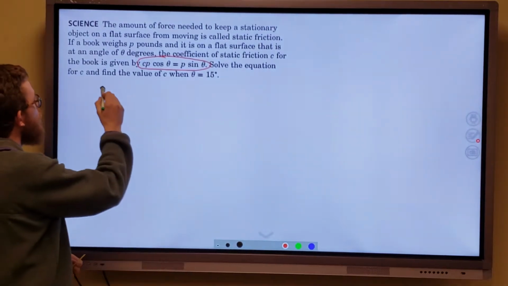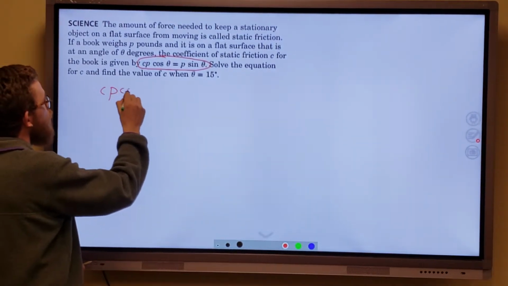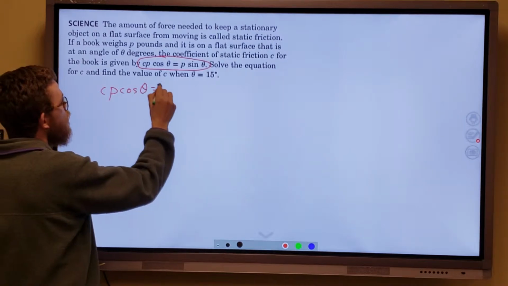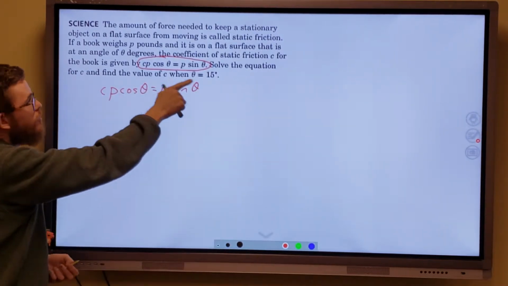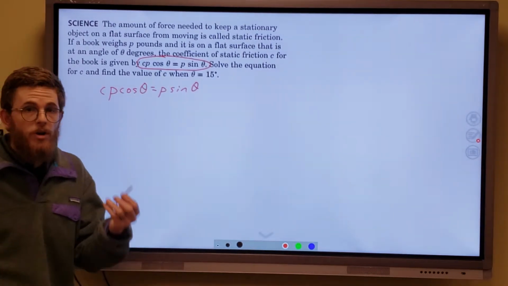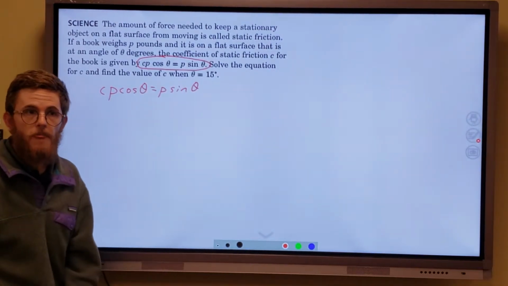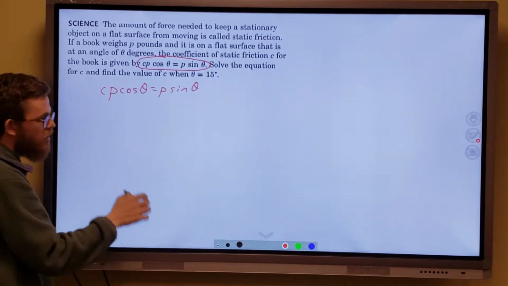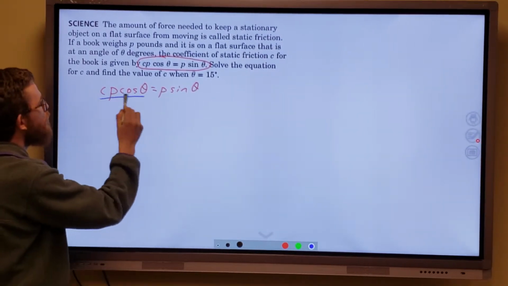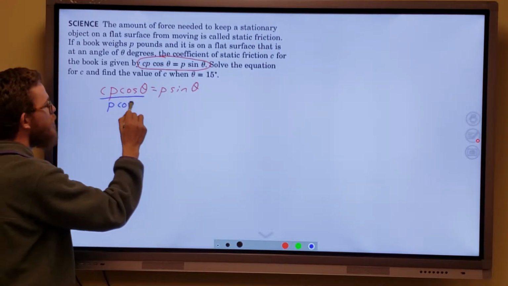So right here, we have C P cosine of theta equals P sine of theta. The first thing it says is solve the equation for C. We know how to solve equations. We've been doing that for years. To solve for C, we divide both sides by P cosine of theta.